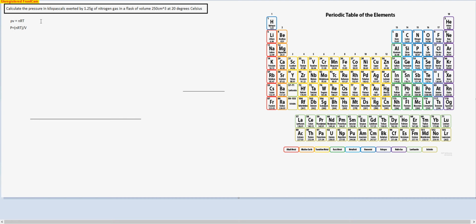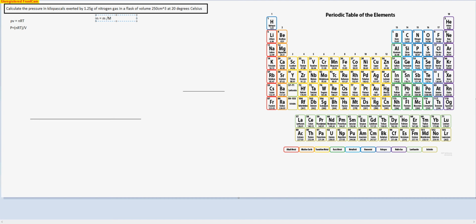Okay, so let's find our number of moles. N is the number of moles, and the way you find that is, N is equal to, just an equation that you've got to memorize, I guess, little m over big M. Little m is the mass that they give us, and big M is the molecular weight of the gas.